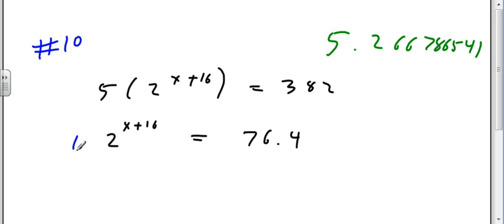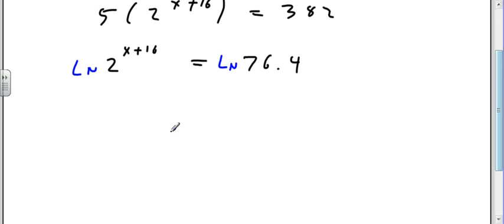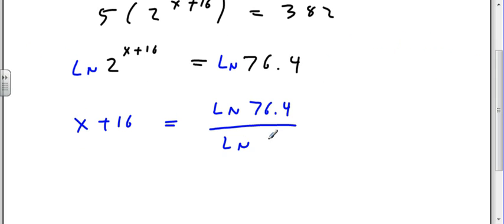I take the natural log of both sides. I could just as well take the common log of both sides, and I'd have x plus 16 equal to natural log 76.4 divided by natural log 2, and I'd have x equal to minus 16 plus that.